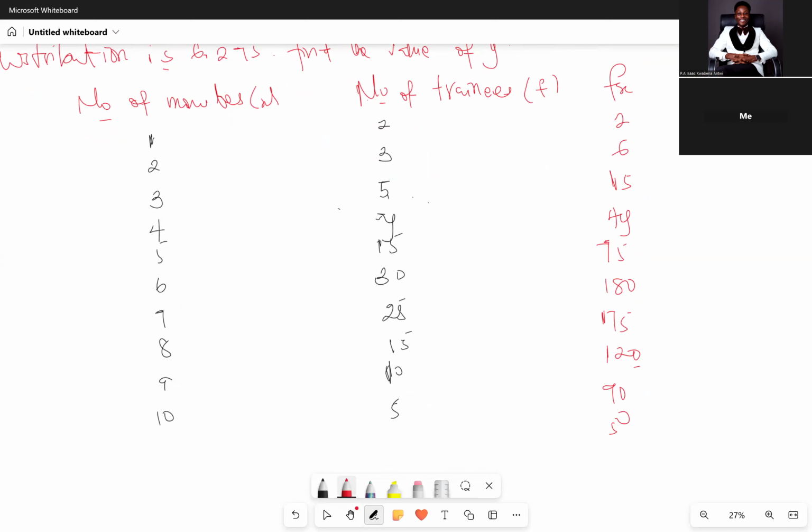Now, if you are adding everything here, just add everything and forget the 4y, because you can't add 4y to 75. You can only add it when it also has a y.